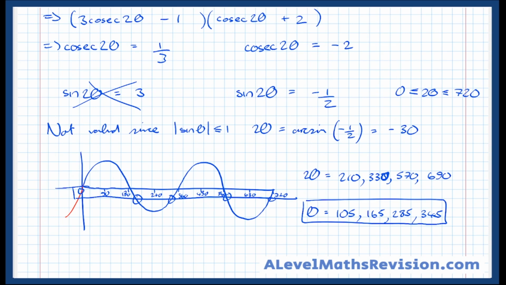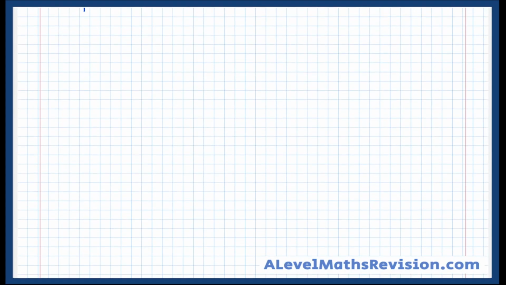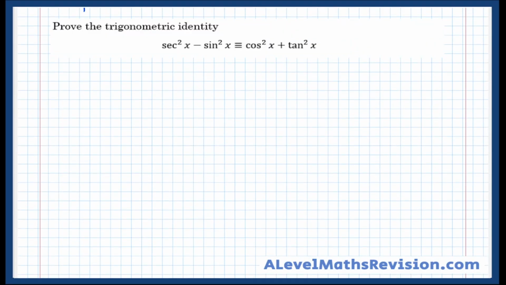So finally, we'll move on to a question involving an identity. And here it is here. It says, prove the trigonometric identity sec squared x minus sine squared x equals cos squared x plus tan squared x. So what I think we should do on these is lay out all the identities that we might need to use. So sine squared x plus cos squared x is identical to 1.